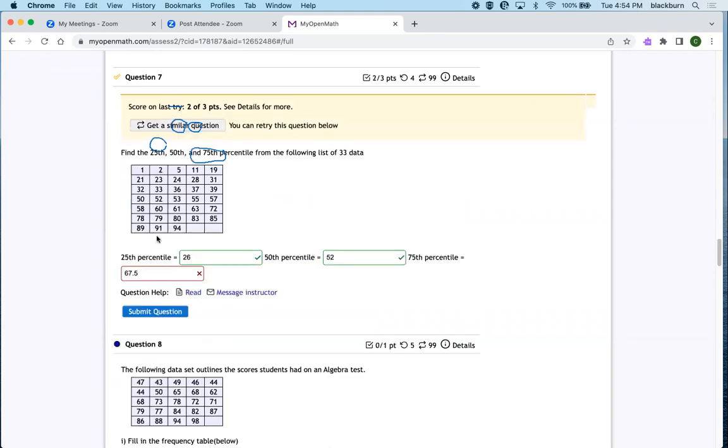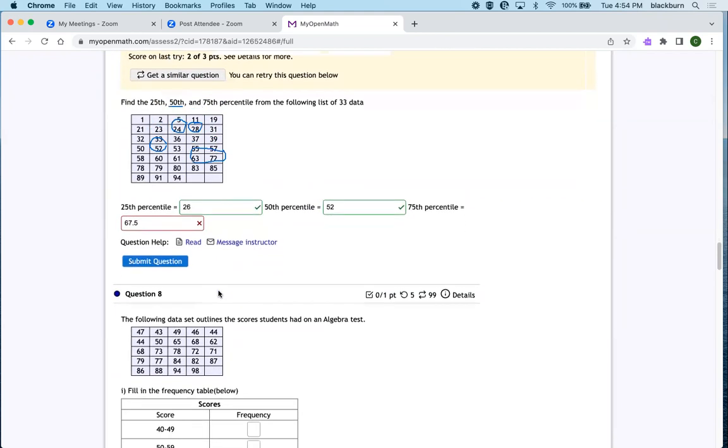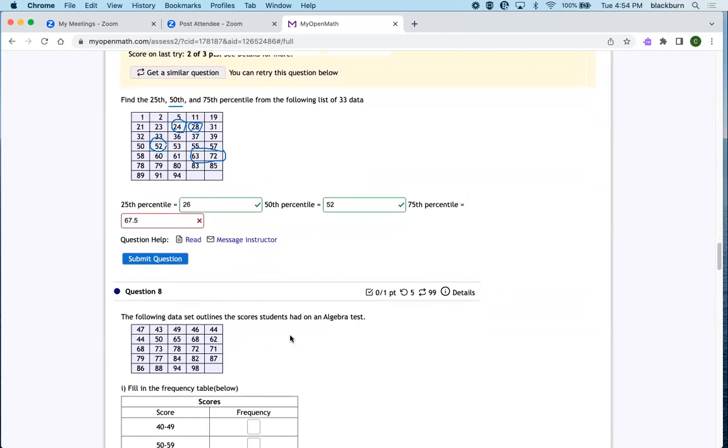Let's see. Oh, that's wrong. Huh. Let's use the formula then to do the 75th percentile. So we do 75 over 100 times 33 plus 1.